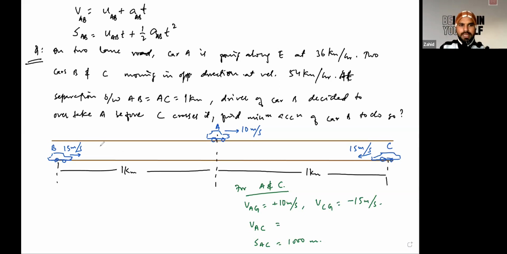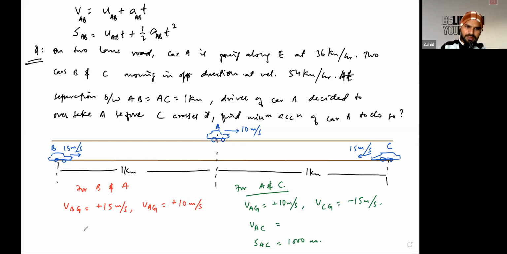So now for A and B, the velocity of B with respect to ground is along the positive x-axis, so it will be plus 15 meters per second. And the velocity of A with respect to ground, we have calculated as plus 10 meters per second.